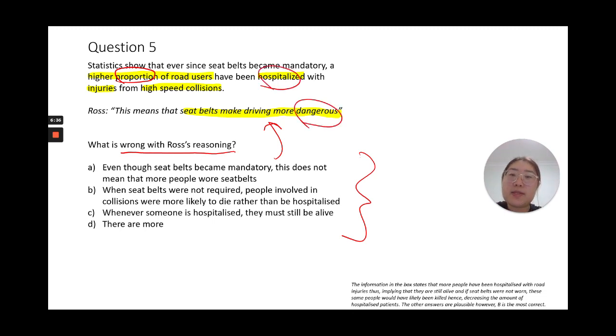Okay, those are the key points there. And B, when seatbelts were not required, people involved in collisions were more likely to die rather than being hospitalized. You can clearly see how there is a link to the hospitalization here and the seatbelts and collisions, which was part of our main point, and that actually makes B the correct answer.